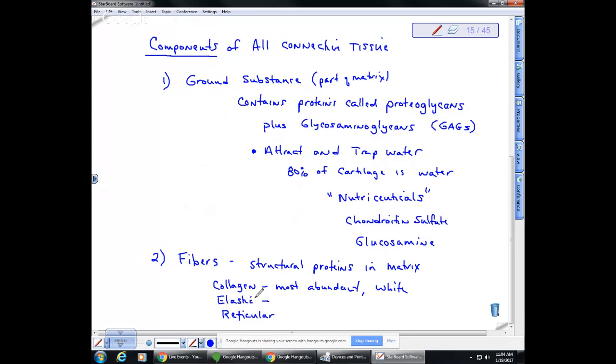You also can feel the elasticity in the outer ear, okay? Reticular means that it has many spaces, so it's branched and creates many spaces. So we'll talk about where our reticular connective tissue is located.